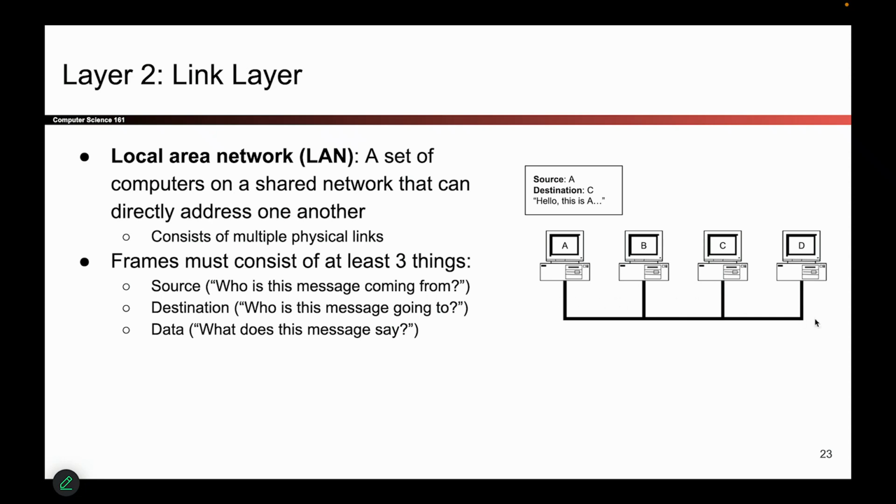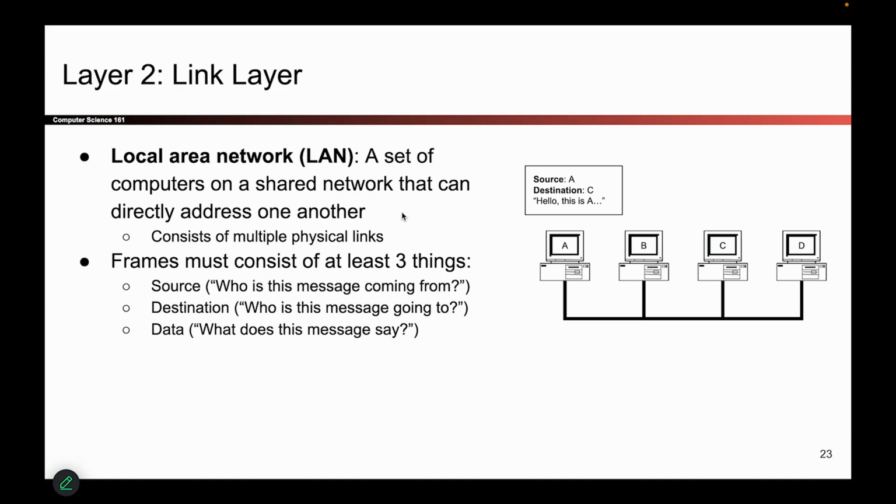So what I'm showing here is one wire that has been plugged into all 4 computers, and I've created a local area network. Now, what's happening on these wires is not my concern. How the voltages work, that's layer 1's problem. My only problem at layer 2 is plugging this into 4 computers and then deciding how these computers talk to each other. That's what layer 2 is responsible for.